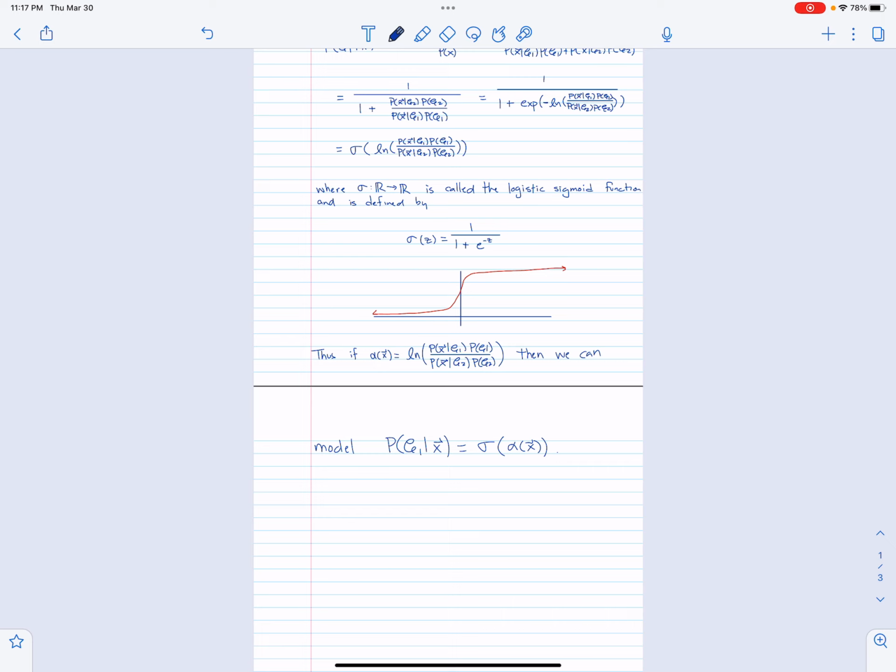It's not really clear what we've gained here. Sure, we've made everything look a lot nicer, but alpha of x is really this logarithm of a quotient of conditional probabilities, which doesn't seem very nice at all.